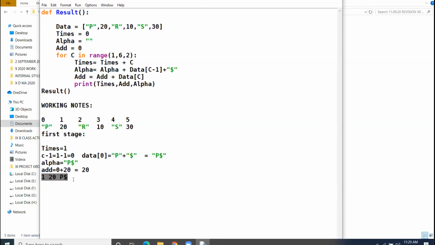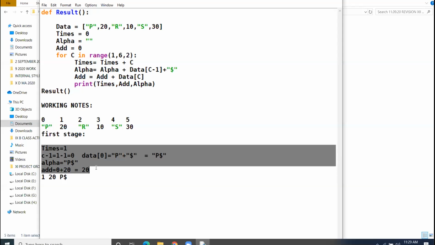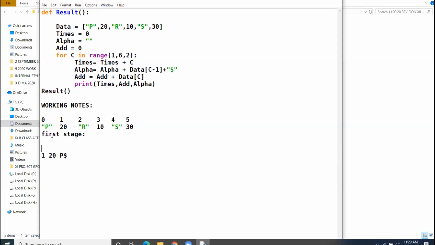Am I clear up till here, everybody? Now moving to the second stage. Second stage, 1 plus 2, 3.